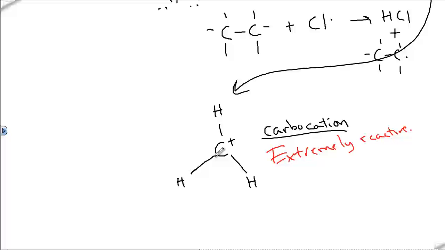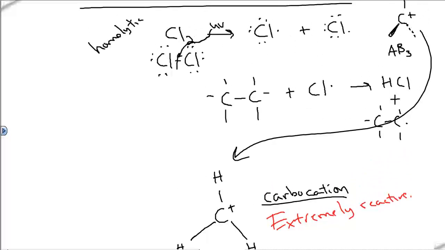If the product of that reaction was so much more stable, which released so much more energy to pay the cost of the formation of this, then I guess it's possible. But in a really basic sense, the formation of this is not very likely. And if it is formed, it is very short-lived and extremely reactive with everything around it. But nevertheless, it does form the basis for this section.